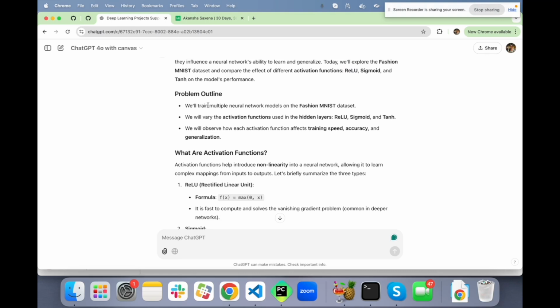Problem outline. We will train multiple neural network models on the Fashion MNIST dataset. We will vary the activation functions used in the hidden layers. These are the activation functions, and then we will observe how each function affects training speed, accuracy, and generalization.